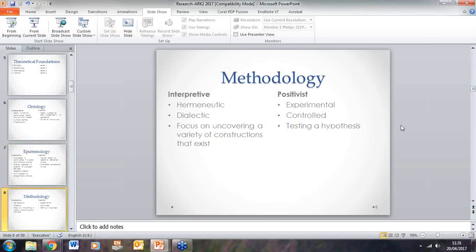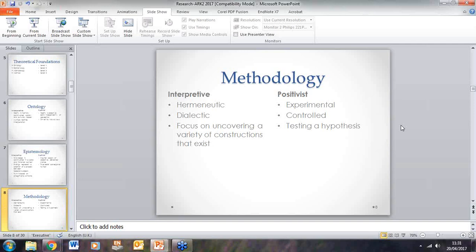So whether you are coming from a qualitative or quantitative perspective, whether you're coming from an interpretive or a positivist perspective. A systematic review sits within the positivist camp. It is a positivist method of evaluating data.